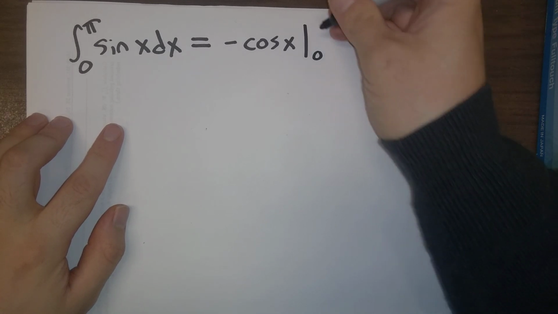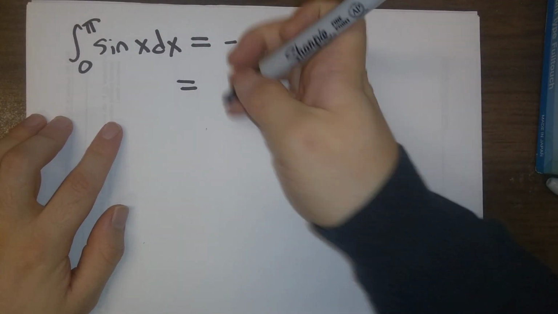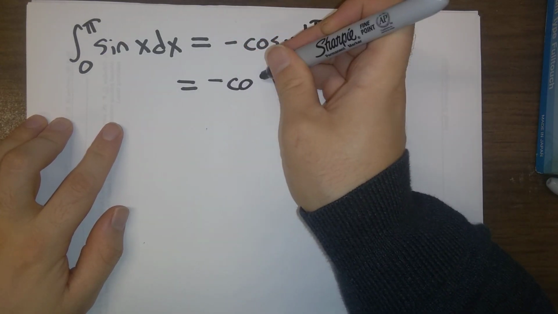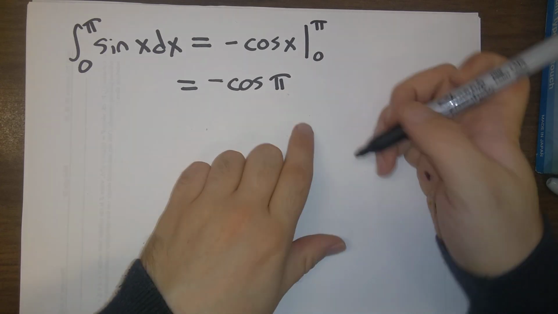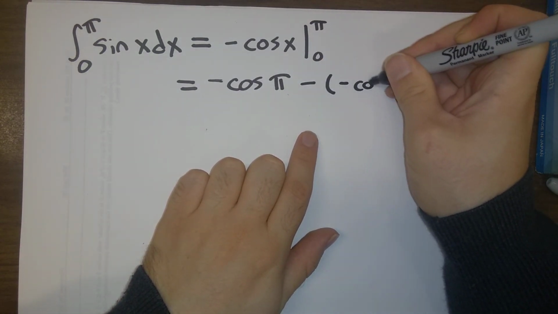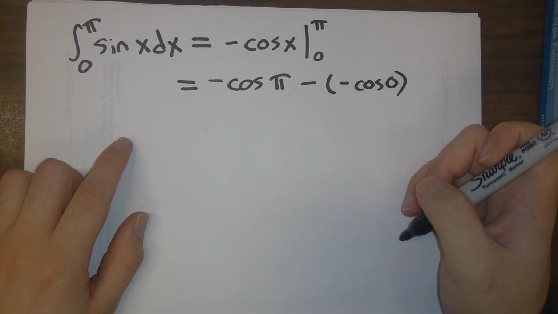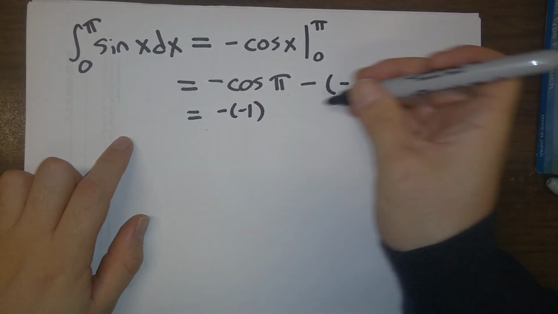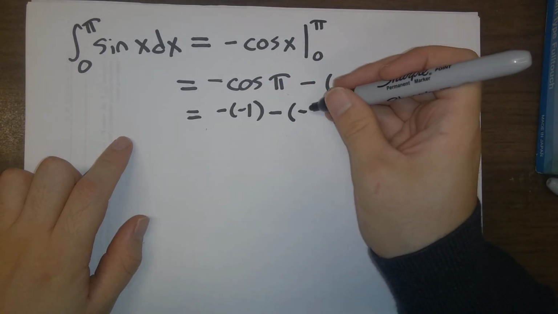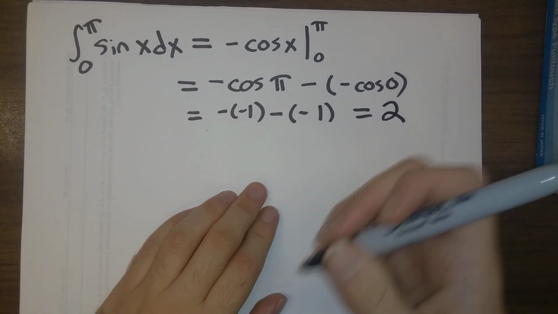And plug in x is pi and x is 0. And so our answer here is minus cosine pi, and then we should be subtracting cosine of 0, but those minus signs are going to cancel out. Cosine of pi is minus 1. Cosine of 0 is 1, and so we have 1 plus 1 is equal to 2.